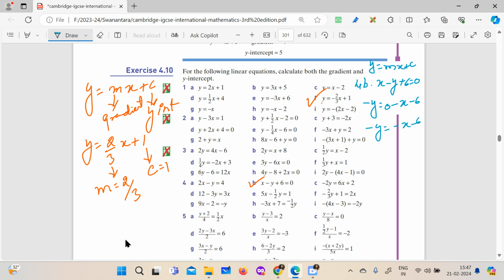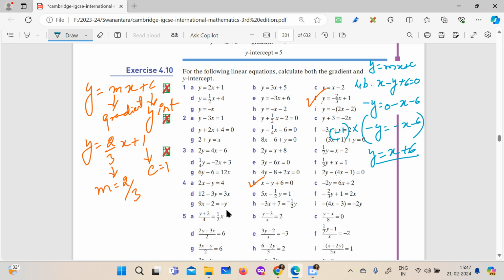Still, it is not in y is equal to mx plus c form because y is negative. To make it positive, I'll multiply by minus 1 throughout and I get y is equal to x plus 6. Is this clear to you? Yes, miss. Okay, I'll do one more question for you.